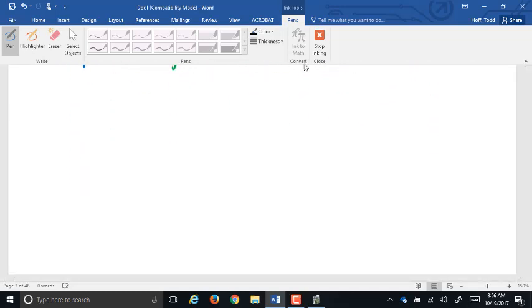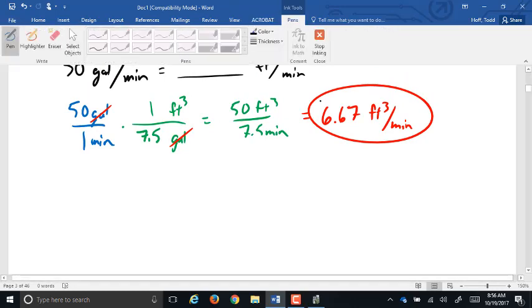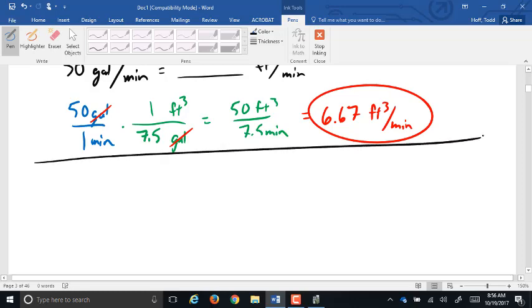On the metric side of things, it's actually a little bit easier. On the metric side of things, time is really the only thing that's tricky for us.